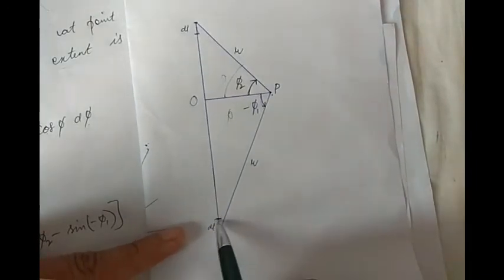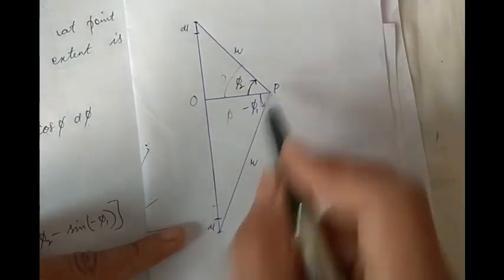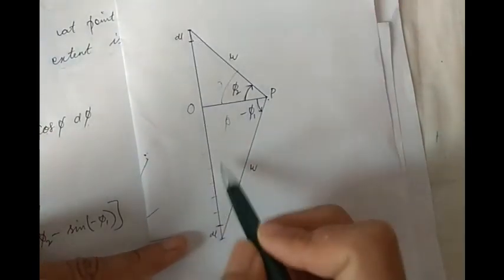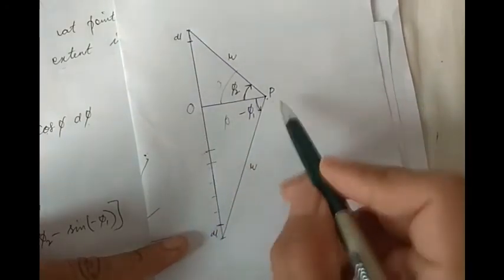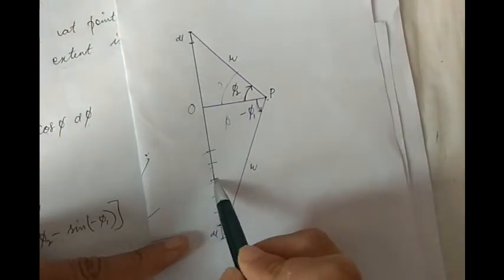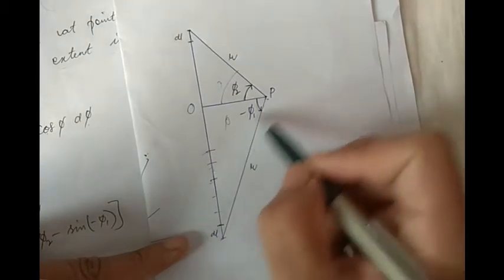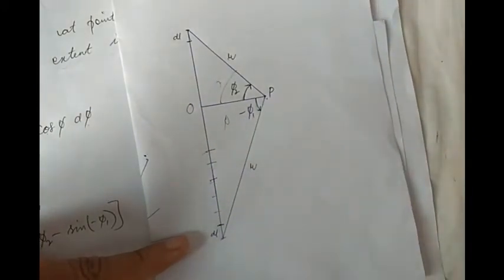Since we are adding the magnetic field due to small DLs, they could be anywhere. All right, so we measure the magnetic field intensity at point P due to a DL over here. Then we measure the magnetic field intensity due to a DL over here. For every DL, the value of the angle phi is different.